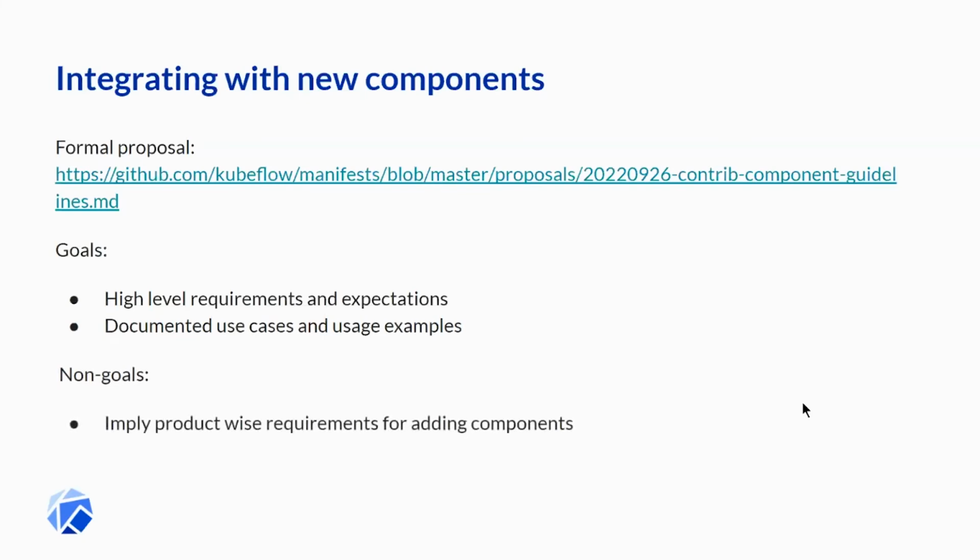And at this point in time, we really do not want to imply any product-wise requirement for adding the components. The role of the Manifest working group is not to actually provide that much guidance on why a component should be part of the add-ons or not. This will be up to the maintainers of the component to thoroughly expose the use cases, and up to the users to find the value and if they want to use that component.